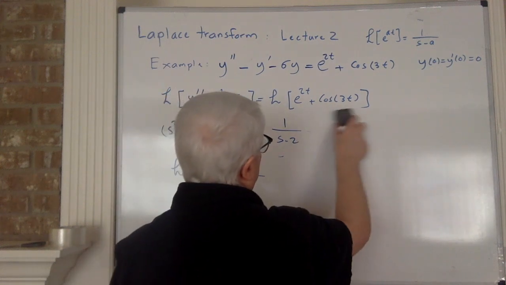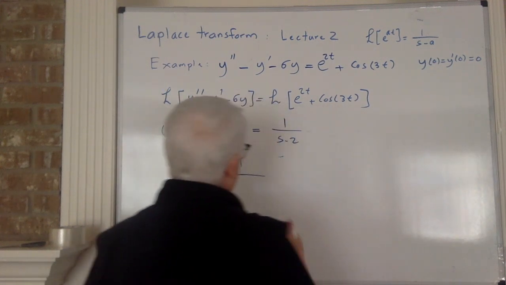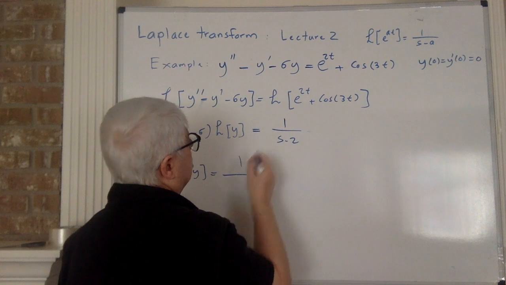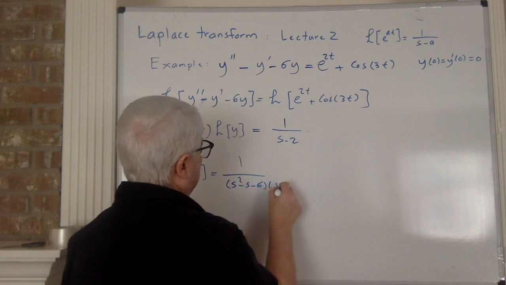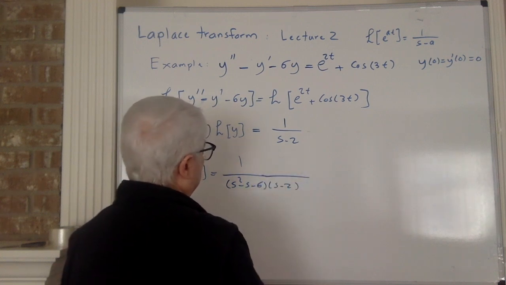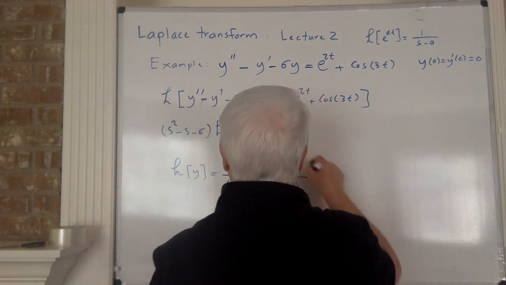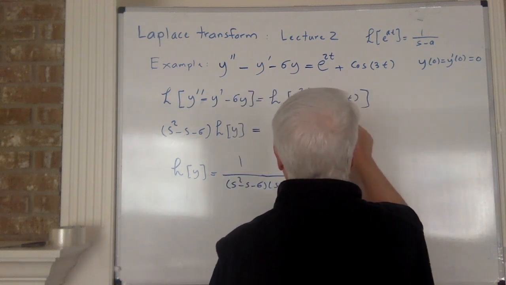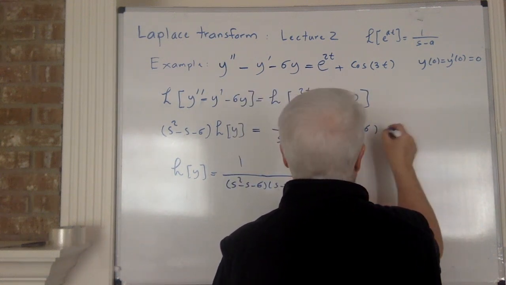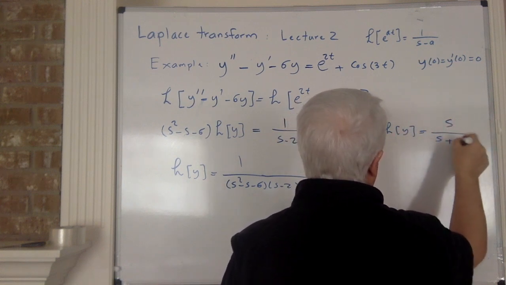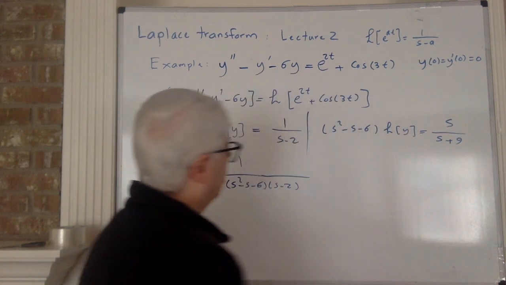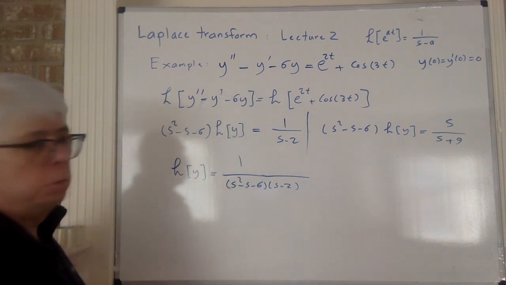First solve this: I have (s squared minus s minus 6) L of y equals 1 over s minus 2. Then (s squared minus s minus 6) L of y equals s over s squared plus 9. So I will solve these two and then put them together.